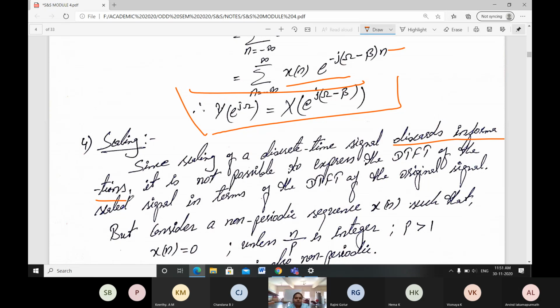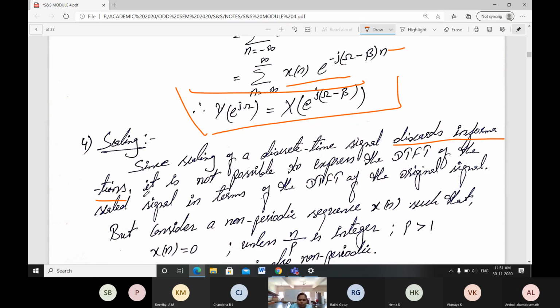But when we consider the scaling operation for discrete time signals, when it gives fractional values in terms of time, that value is going to be lost. Loss of the signal and the sample is going to occur when I go for the scaling operation for the given discrete time signal.